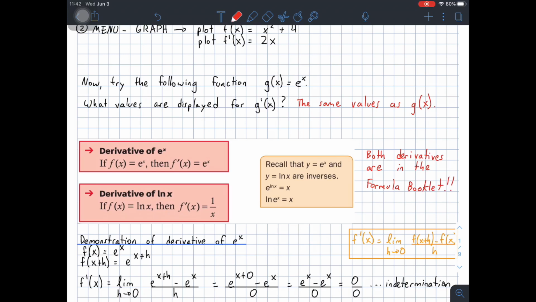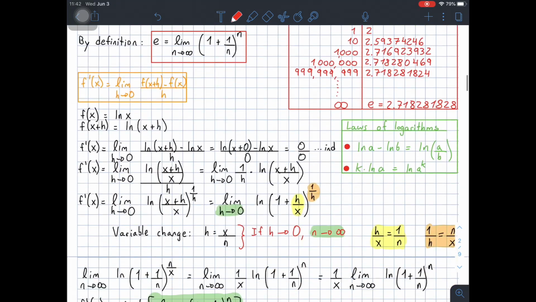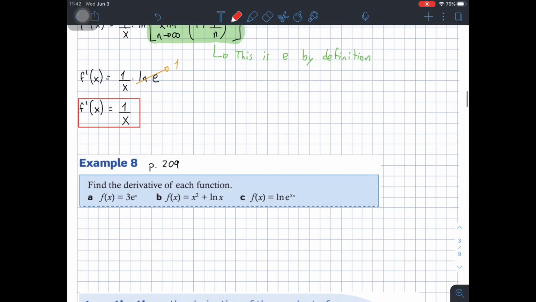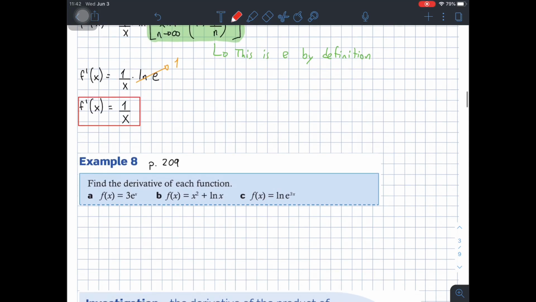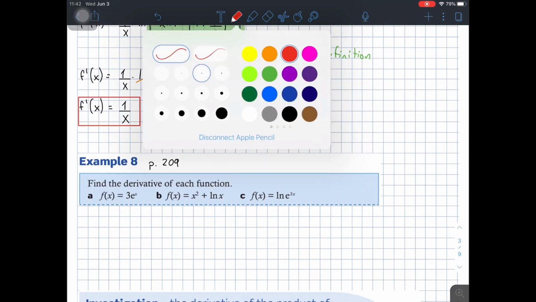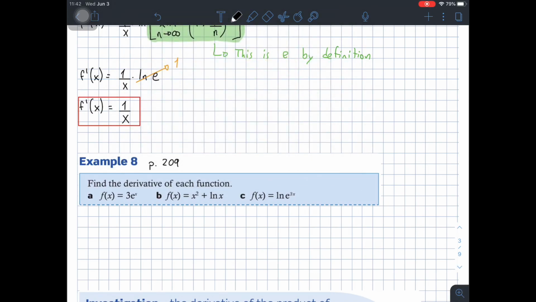Okay, so just to finish, I want to finish this video by doing some examples about how we apply these new derivatives that we've learned yesterday and today into problems, okay? So let's solve the first exercise, part A, which says, find the derivative of each function.